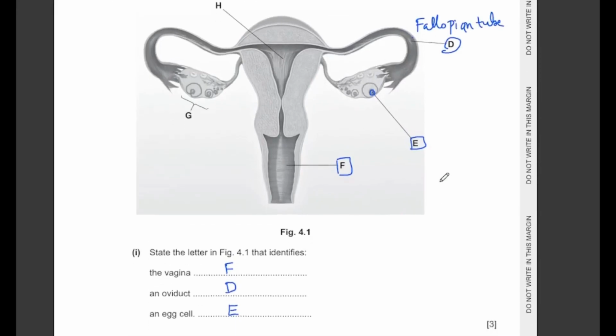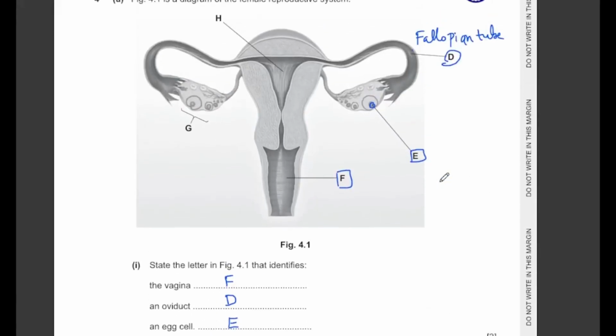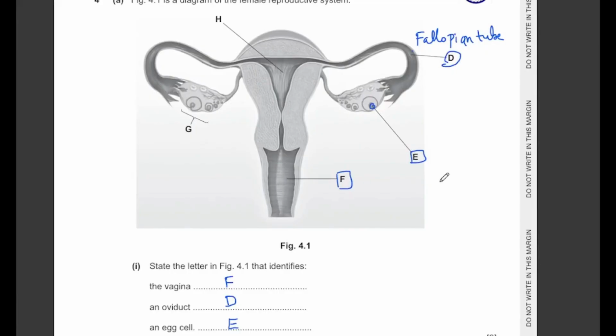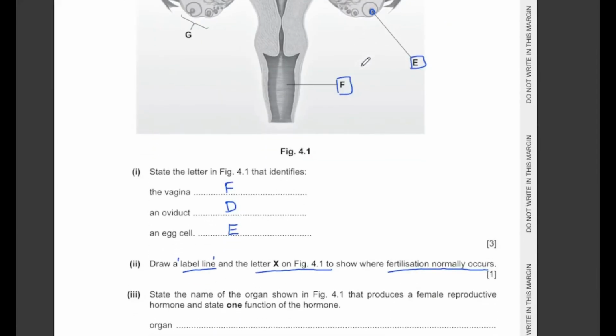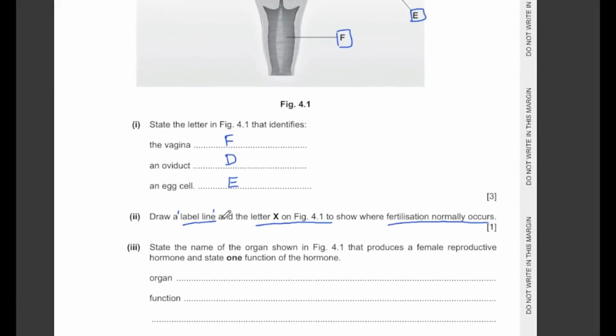Fertilization occurs at the oviduct. Which is the oviduct? This one, D. So you just need to draw a line here and mention X. That's it. Use a pencil and draw X there. That's the oviduct, showing where the fertilization occurs.